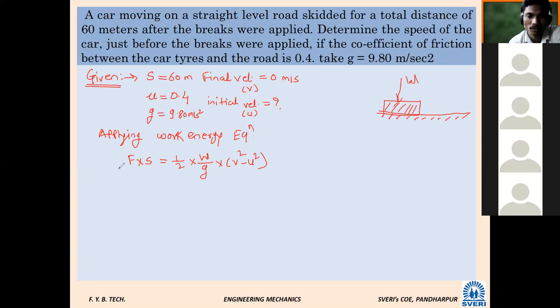So what is the formula? Mu is equal to 0.4. What is the formula for F in terms of mu?